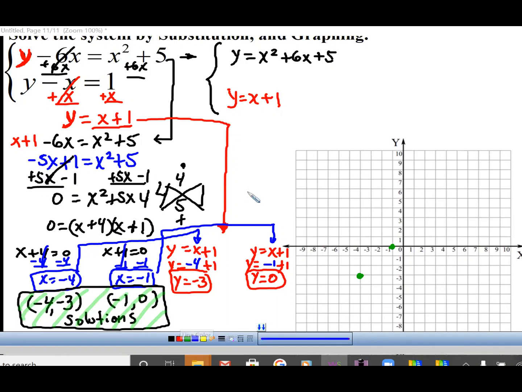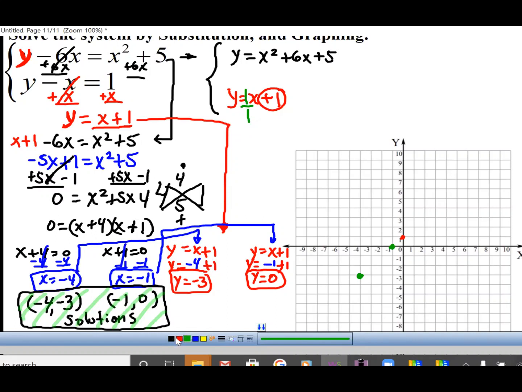We start at the constant, which is +1. That's my y-intercept, +1 right there. Next, we need a slope. That's why we wrote it in slope-intercept form. What's my slope? What's the coefficient here? It's an invisible 1. In fraction form, that's 1/1. What does that mean? 1 step up, 1 to the right.